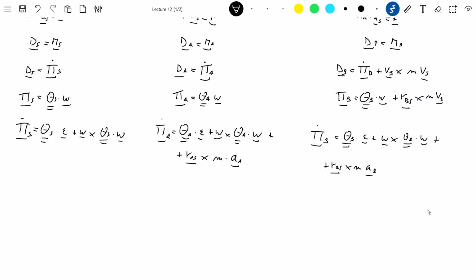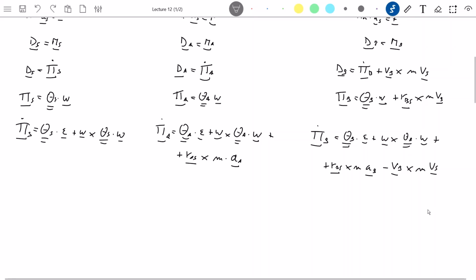Here we have an additional term which is minus vb cross product m vs. This term we don't have here because the velocity of point A is 0. So if you take this term and put VA here, it will be 0.